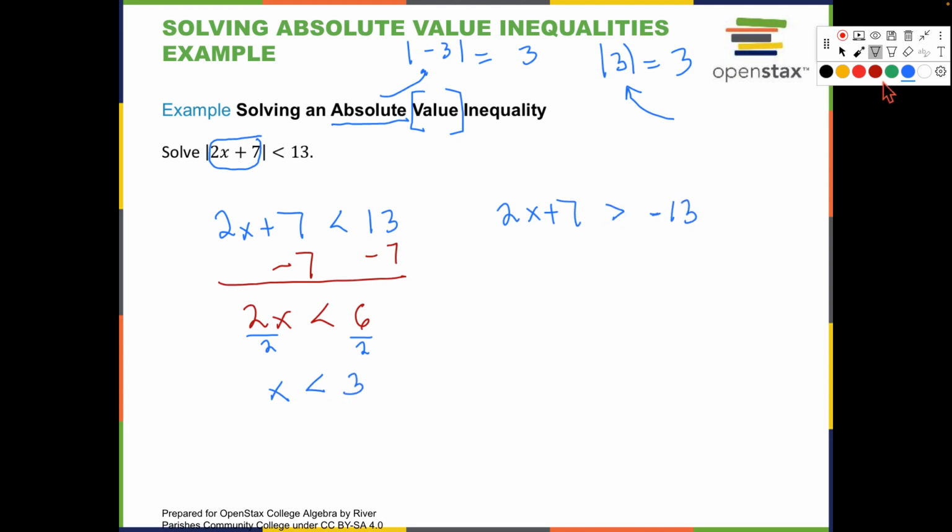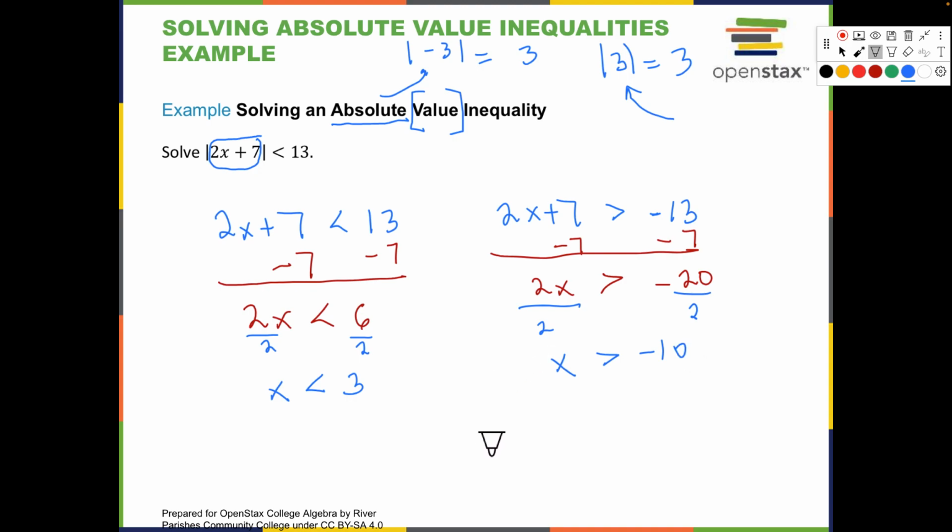Over here we do the same thing: subtract 7, but notice we're doing it from negative 13. So 2x is greater than negative 20. Then divide both sides by 2, so x is greater than negative 10.